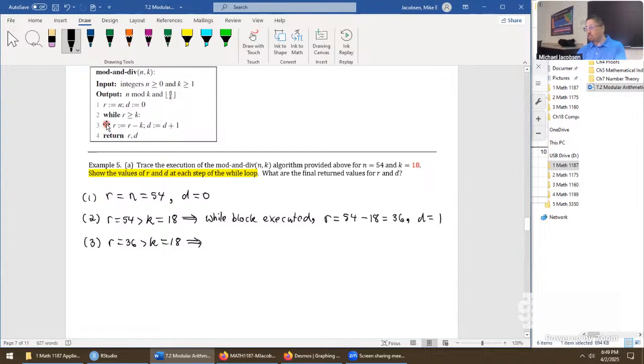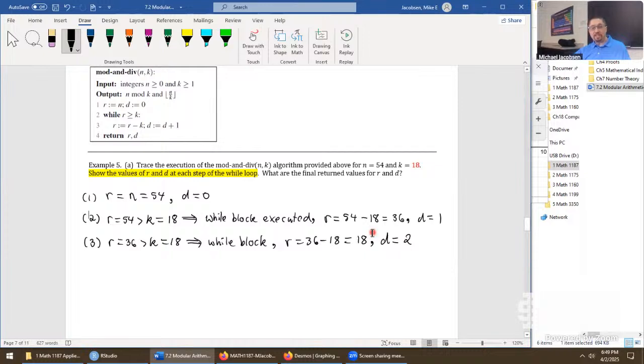We don't return anything just yet. All right, while block, just a shorthand for while block executed. That turns out to be a lot to say every single time. So now R is equal to 36 minus 18, which is 18. D increments plus 1 each and every time. So now it's 2.